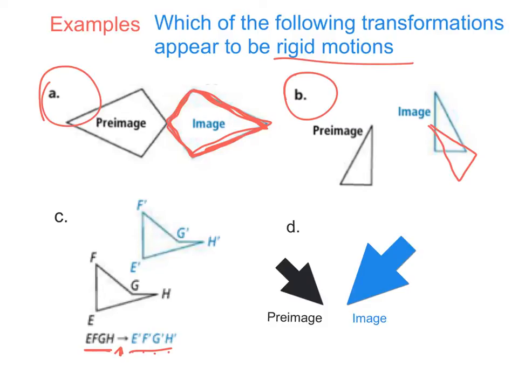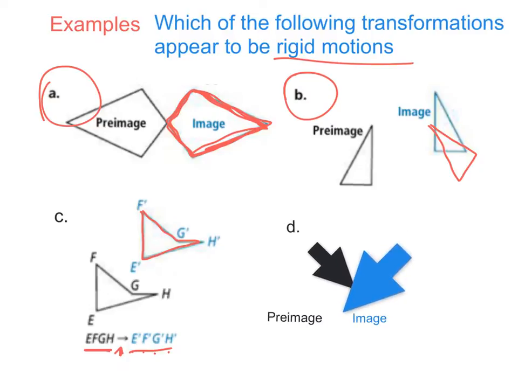So, on our example here, EFGH is our pre-image, and E prime, F prime, G prime, H prime is our image. That's our resulting or our ending value. And again, we can see that those two shapes appear to have the same size, so we say that they are a rigid motion.